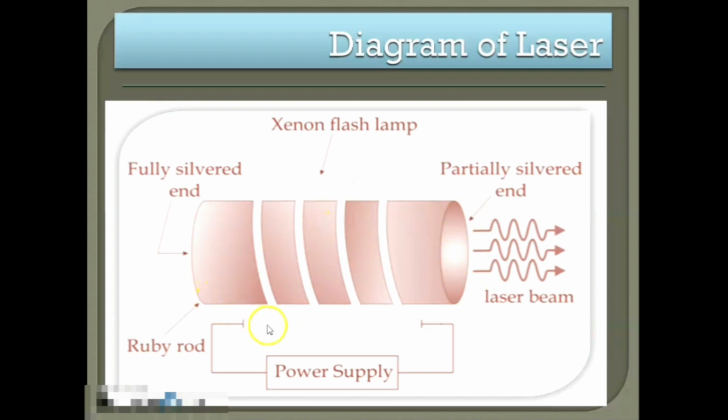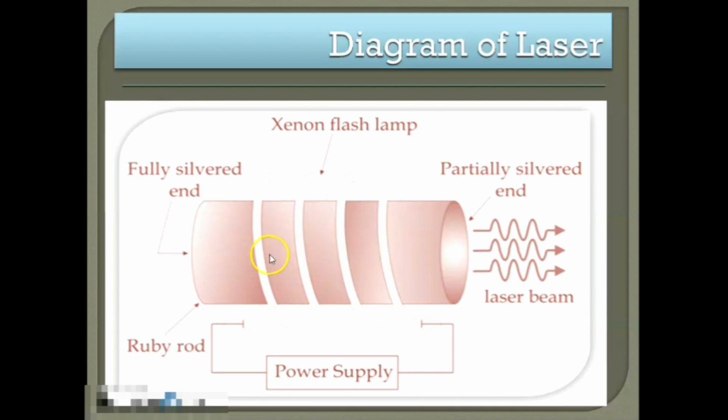Around it there is a tube known as xenon flash lamp, and xenon gas is filled in this xenon flash lamp, and with the help of a power supply we provide energy in this xenon flash lamp, and this flash lamp provides flashing, and chromium ions absorb this energy.